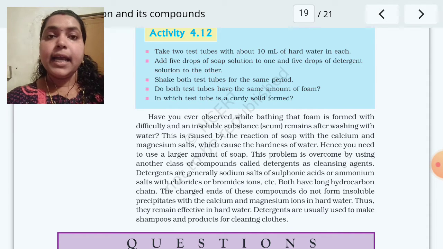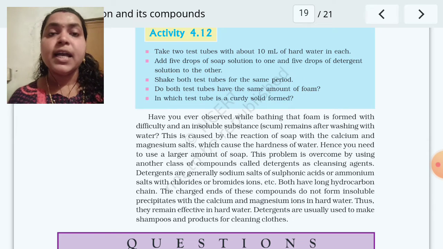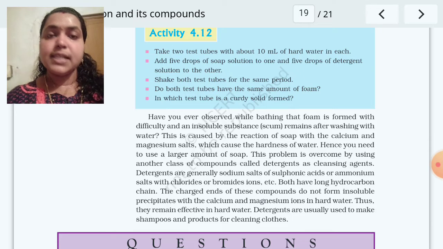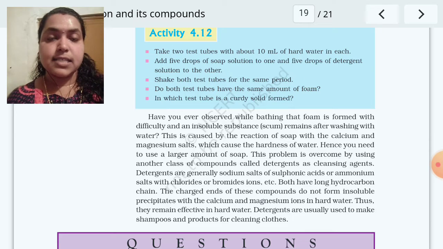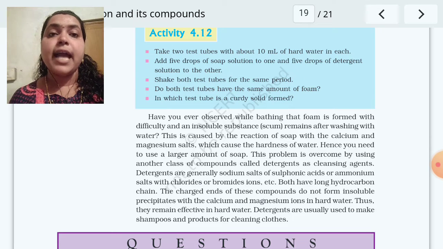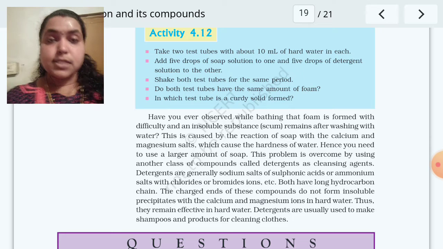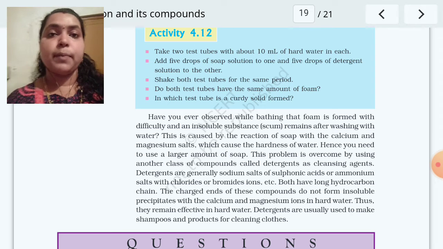But when we use detergents in hard water, no scum is produced. An insoluble precipitate is not produced with detergents, so we can use detergents efficiently in hard water. Scum is an insoluble precipitate, and due to its formation we cannot clean the cloth properly.